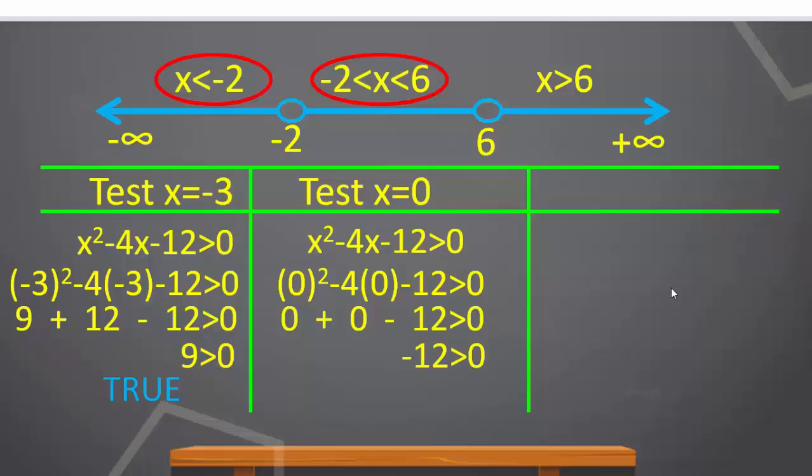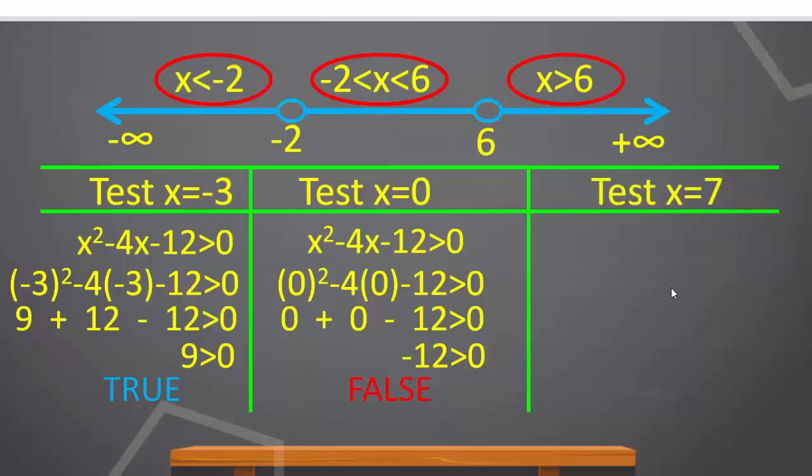Then we have -12 is greater than 0. This indicates a false statement. This implies that all values of x between -2 and +6 are not part of the solutions of the quadratic inequality.